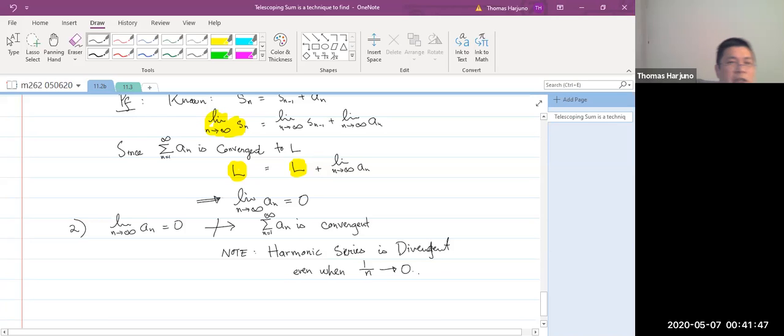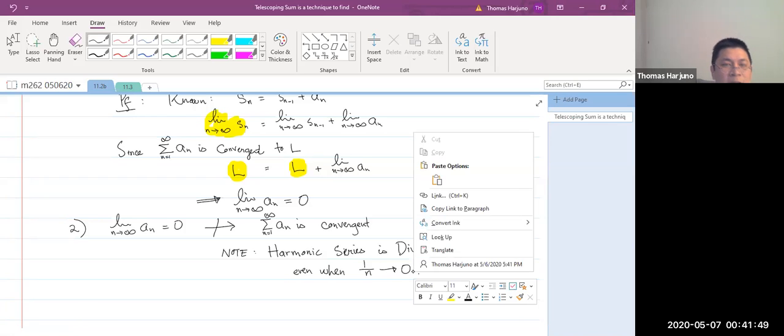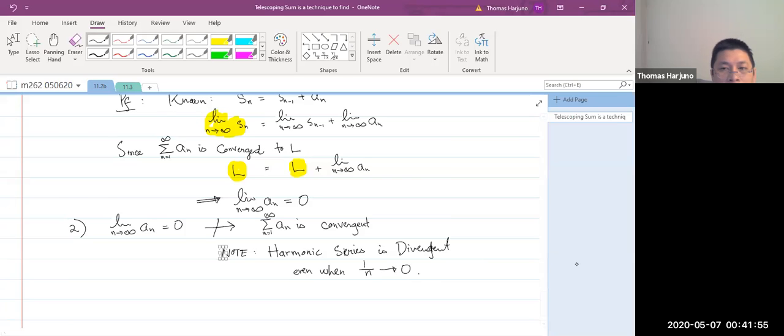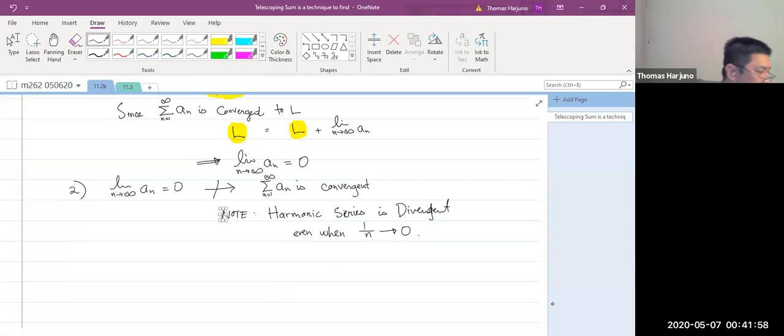So differentiate the sequence and the series. The sequence may be convergent to 0, yet the series not convergent to any number. It goes to infinity instead. Because the harmonic series is divergent, any multiple of the harmonic series will also be divergent.